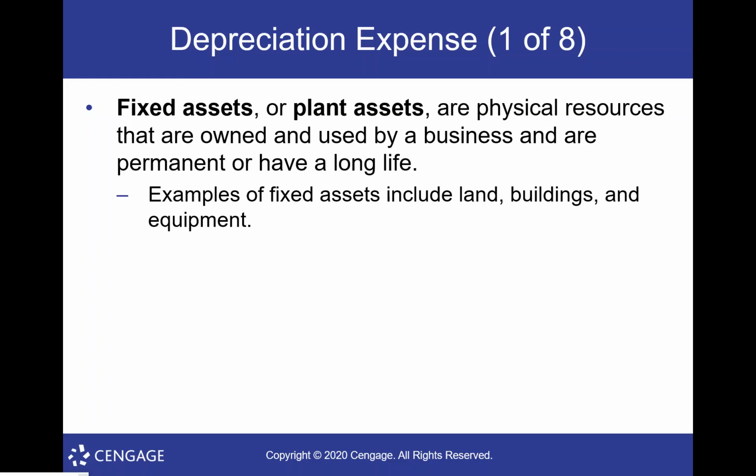Okay, so the most common fixed assets that you deal with will be land, building, equipment, that sort of stuff. Those are the fixed or long-term assets, you sometimes see them called long-term assets. For whatever reason, the IRS does not recognize, and therefore we do not depreciate, land, but we depreciate all other fixed assets.